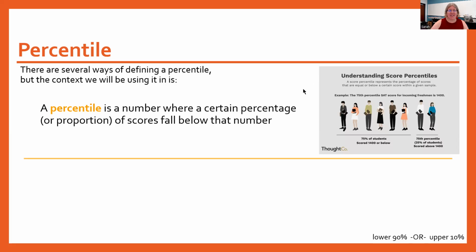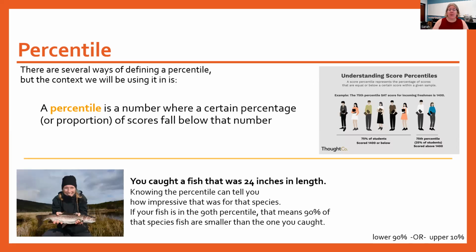Okay, so let's look at another example of this. Suppose you caught a fish that was 24 inches in length. Depending on the species, that could be an average size for that fish, or it could be really impressive. Knowing the percentile for the length of the fish you caught will tell you how impressive of a catch you have. So suppose that fish is in the 90th percentile.